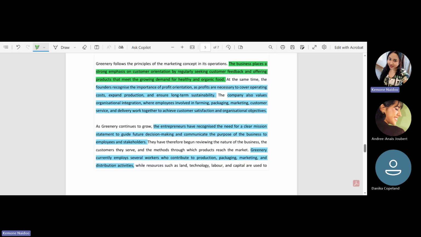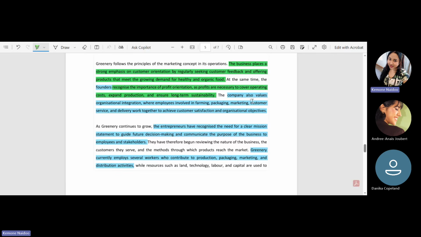Okay, if we have to look for something for profit orientation, so the founders recognize the importance of profit orientation as profits are necessary for covering operating costs. That shows that they understand the importance of profitability, so they're paying attention to their profits, and they're also looking at it in conjunction to their operating costs. And then organizational integration. So this means that all the departments and employees work together to achieve organizational goals and also customer satisfaction.